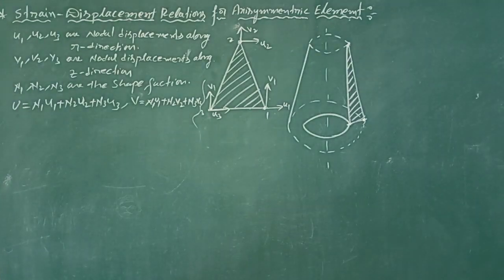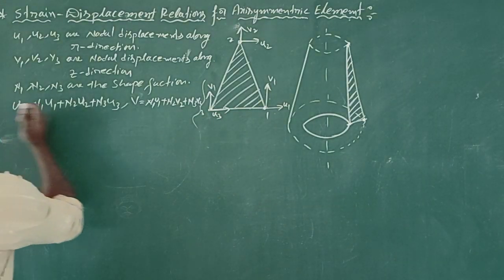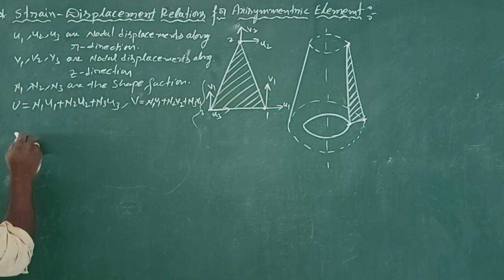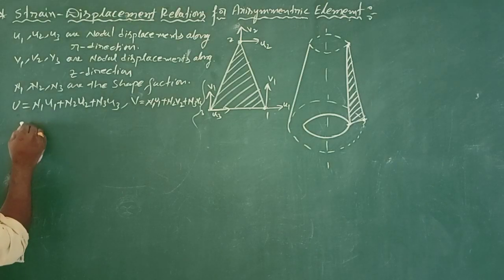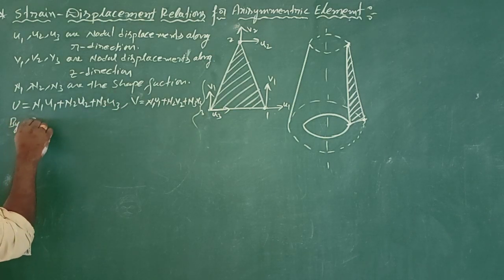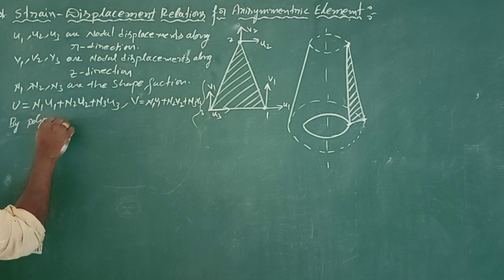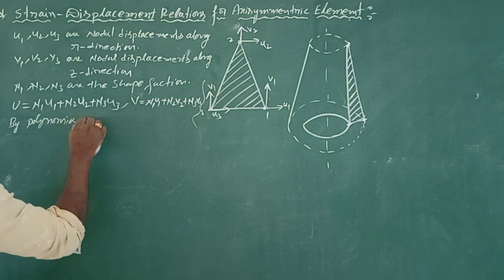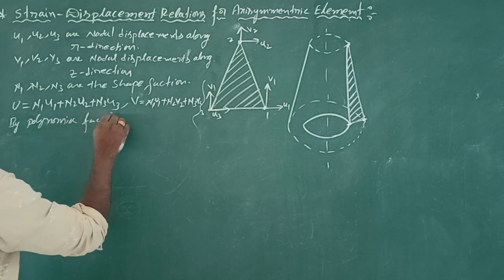The relations between U and V are obtained by using polynomial functions.